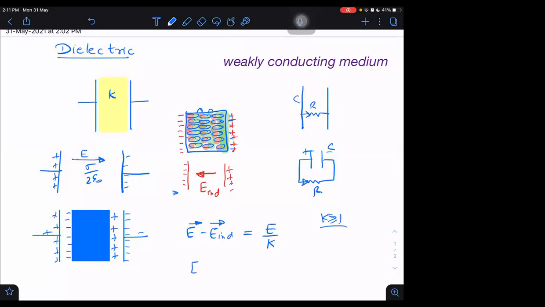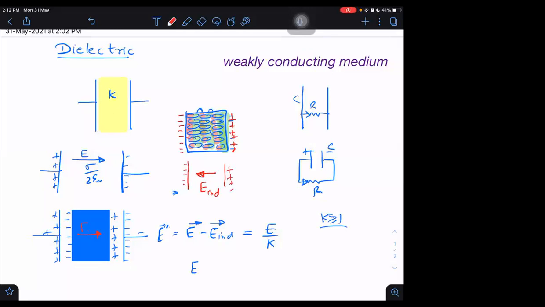So what will be the formula for E net, E effective? E with dielectric, I can say. What should I call this E as? Should I call it E dash?